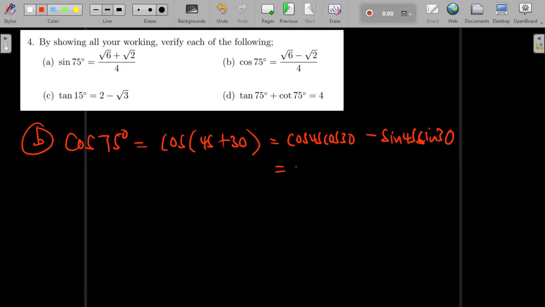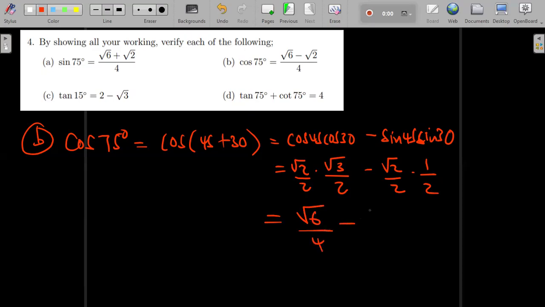So I know that cos 45 is just the root of 2 divided by 2 multiplied by cos 30, which is the root of 3 divided by 2, minus sine 45, which is the root of 2 divided by 2, multiplied by sine 30, which is 1 divided by 2. So this here is going to be equal to the root of 6 divided by 4 minus root of 2 divided by 4.